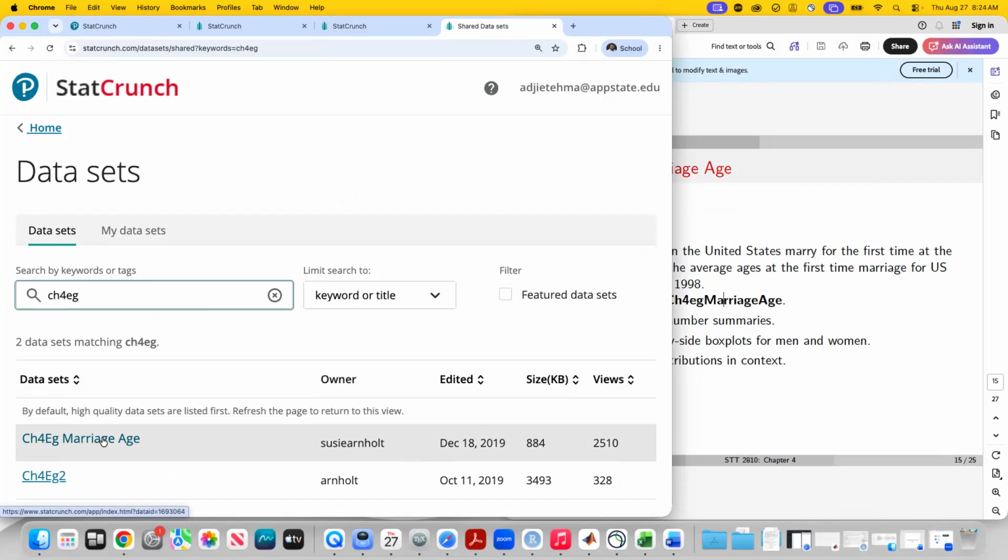Okay, let me check. Who else is trying to load the data set so I can help?